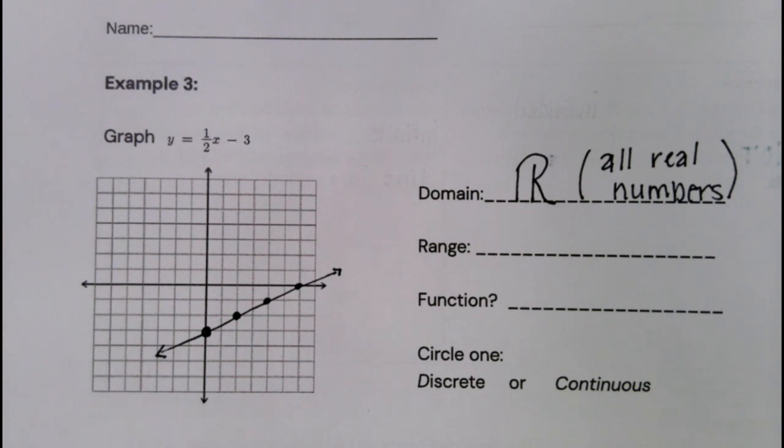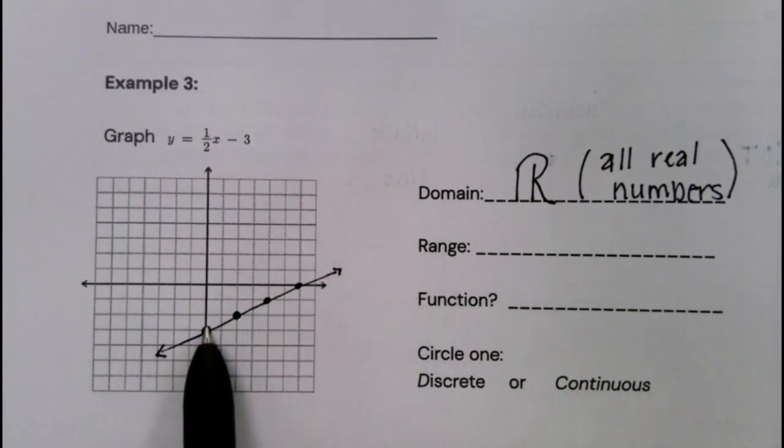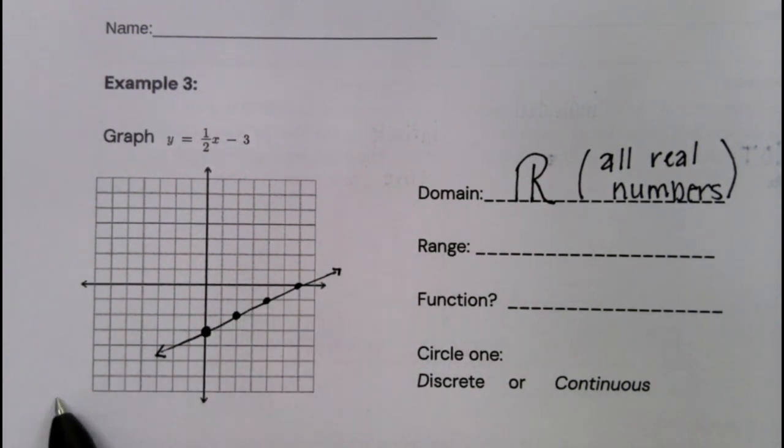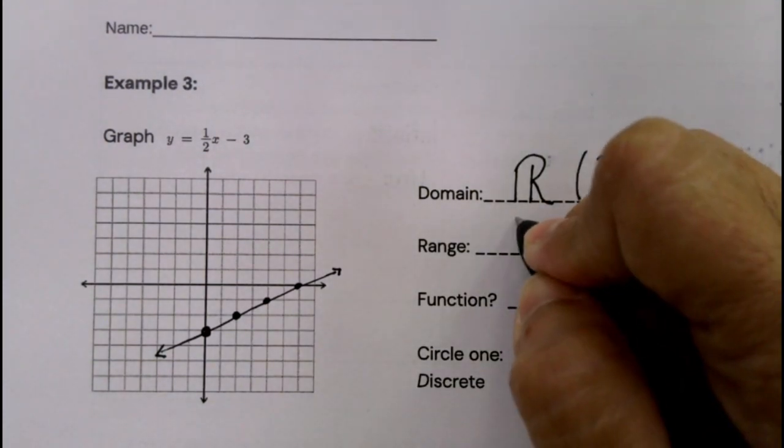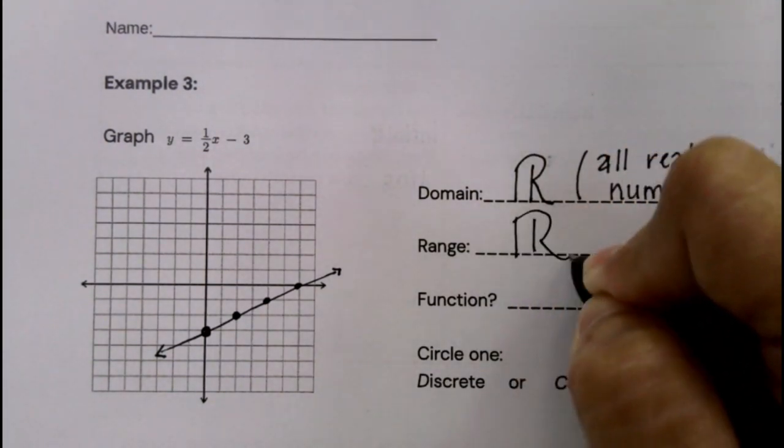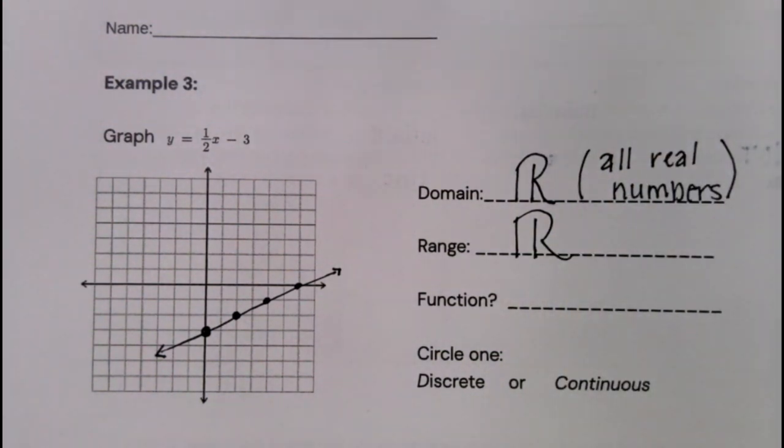Infinitely, yeah. It's the same thing. This is going up and down forever. I just wanted to add the word forever or infinitely. So if it's infinite, it is all real numbers.